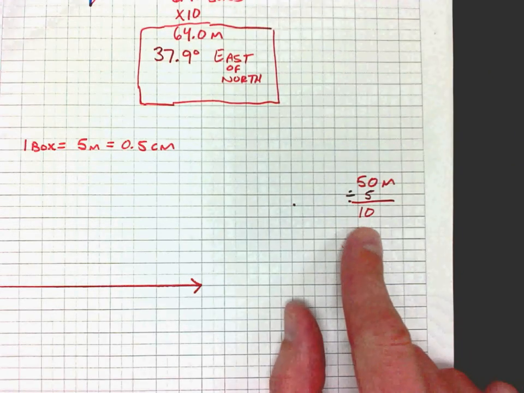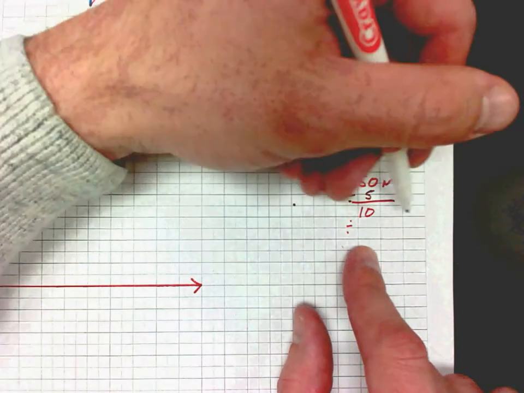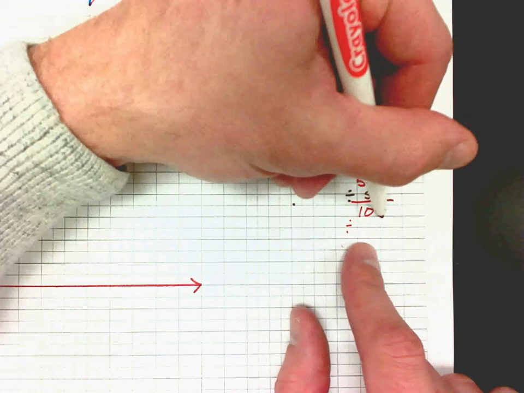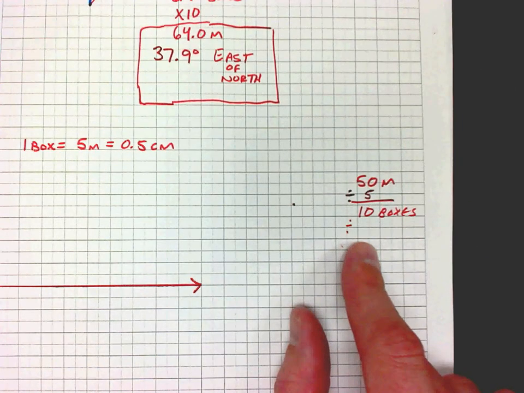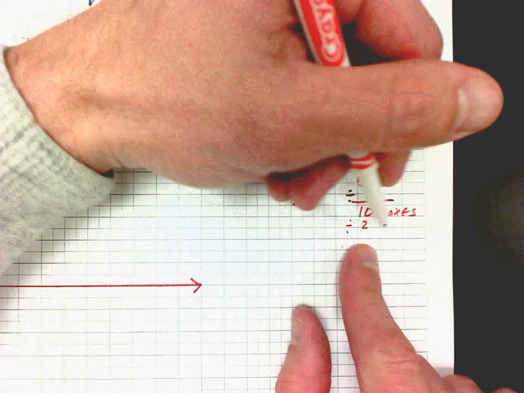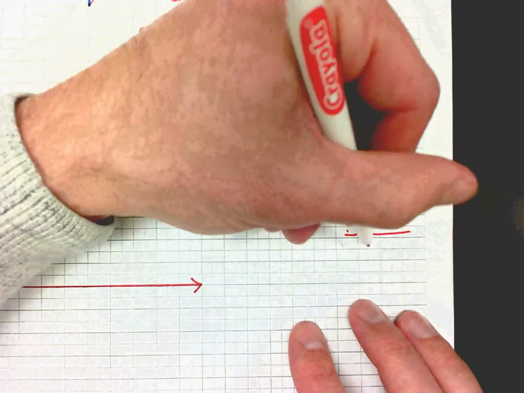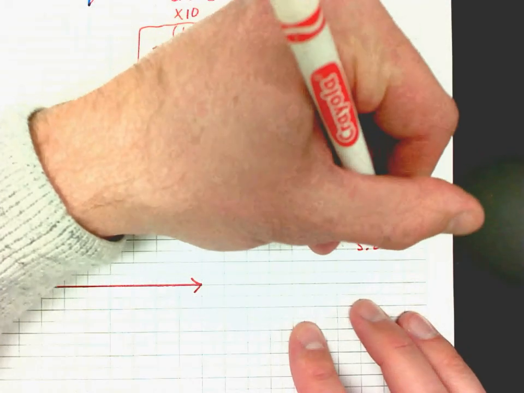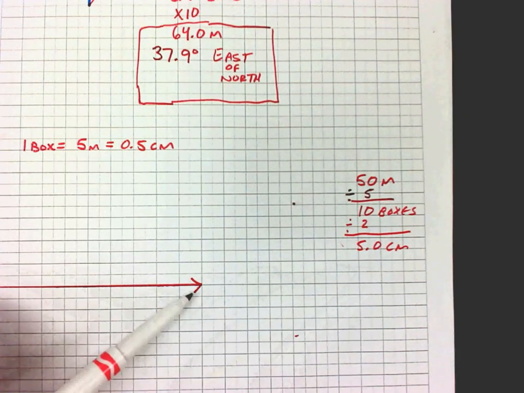And then we're going to divide this by 2 again to get whole centimeters, because this is in boxes. So we need 10 boxes, but we can't just count boxes. If we divide this by 2 again, we'll get whole centimeters, which we can then measure out. So this is going to be, as you can probably see, 5 centimeters. So this line needs to be drawn exactly 5 centimeters in length at this 40-degree angle.